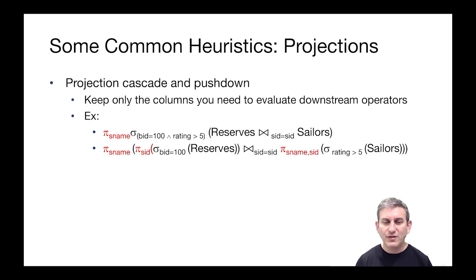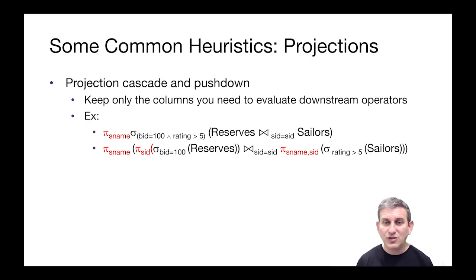The second version of the query down below has done some cascading and pushdown. You can see that after we do the selection on reserves of boat equals 100, all we care about remaining is the SID for the join. So we'll push a projection to just SID of reserves right above that selection. On the right-hand side of the join, all we're going to need is sname for the output and SID for the join predicate.